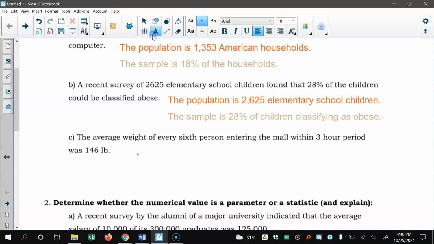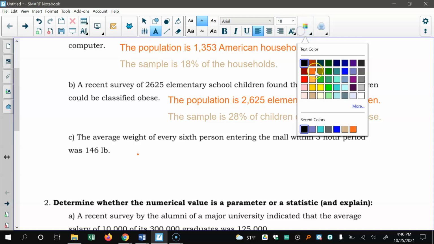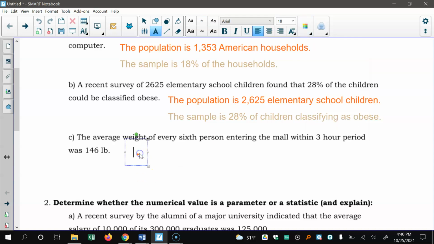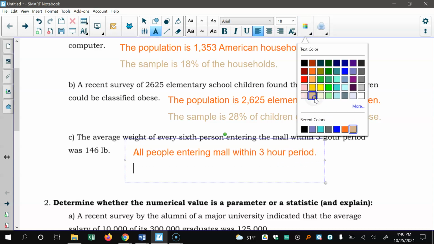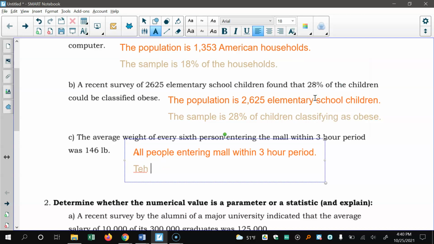The population are all the people entering the mall within the 3-hour period, and the sample are every 6th person.